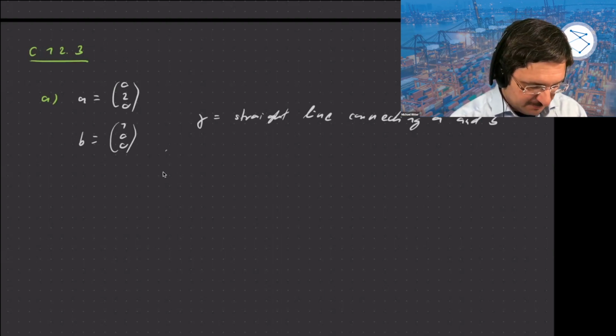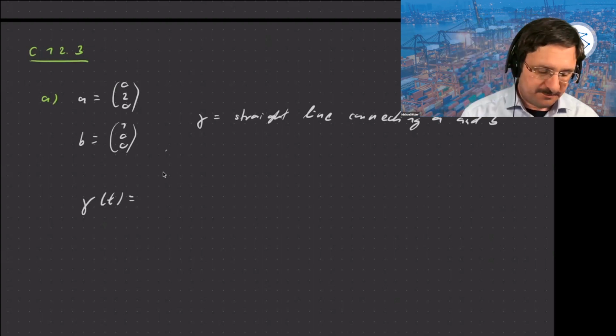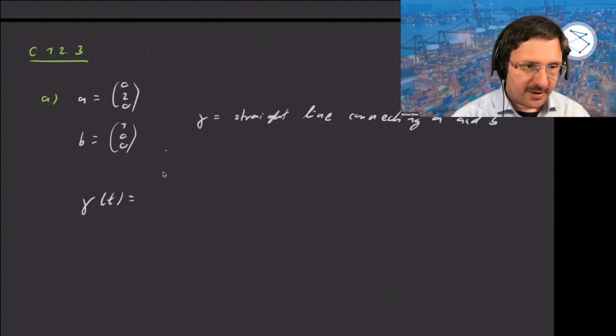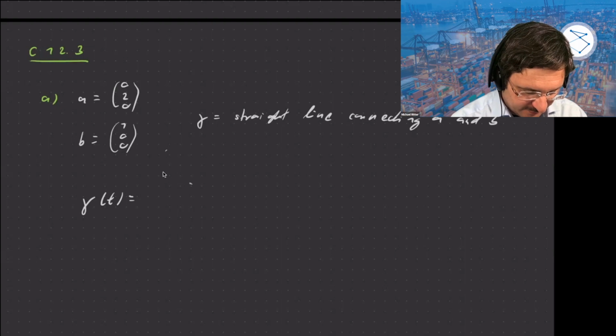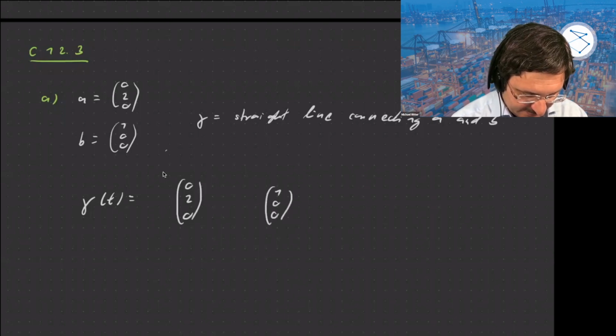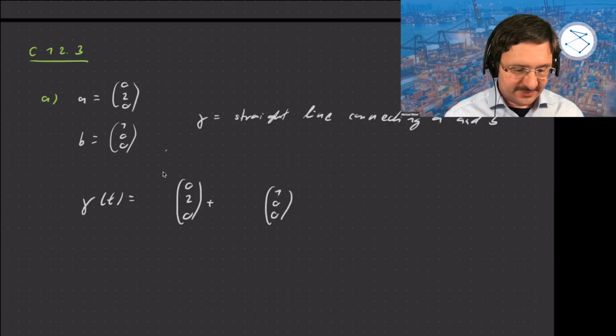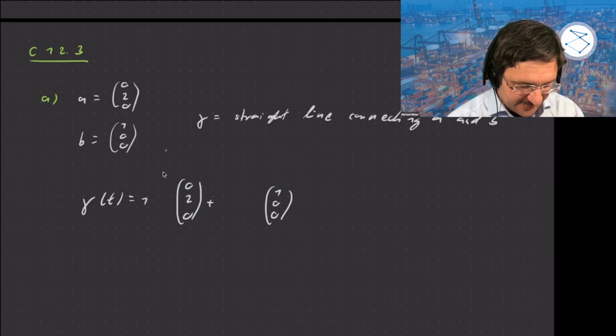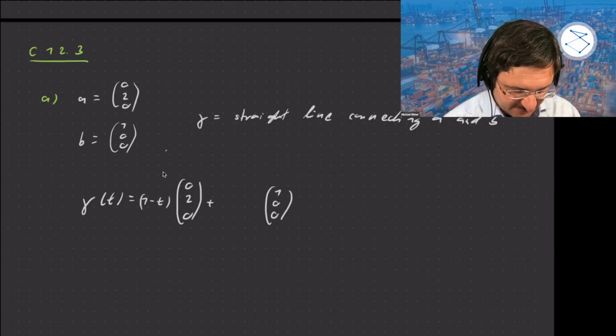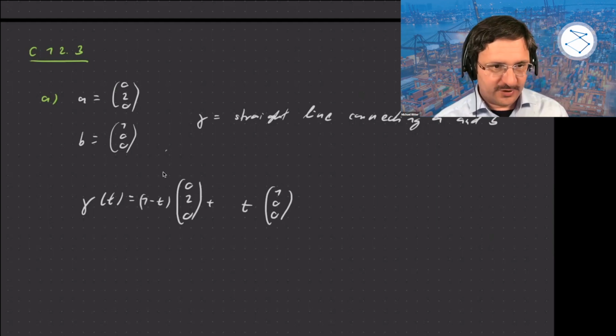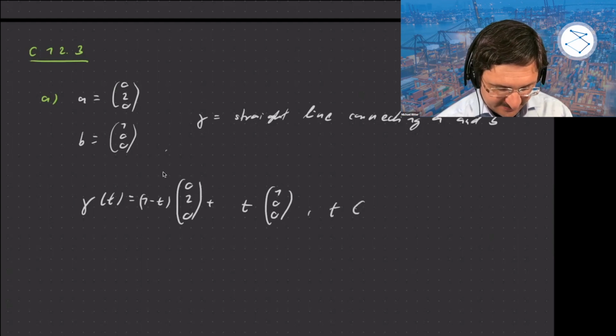One simple possibility to do that is to define gamma through taking these 2 points and defining it as a weighted sum of those 2 points for a parameter that varies between 0 and 1. We take, let's say, 1 minus t times the first point and t times the second point, t in 0, 1.